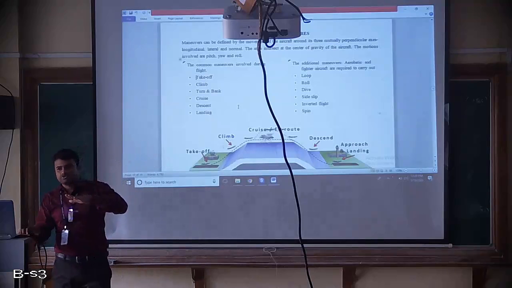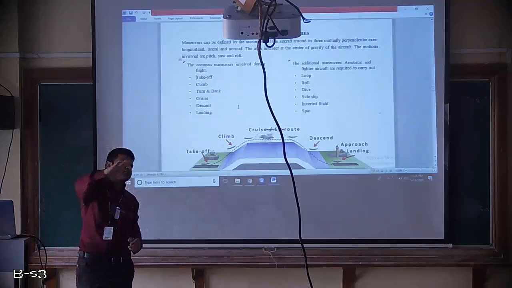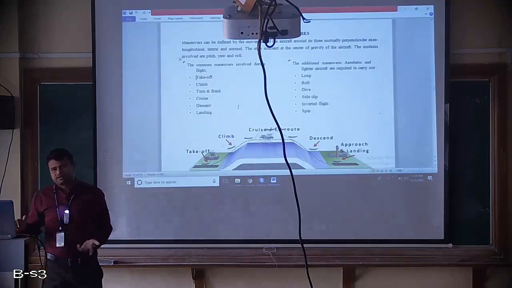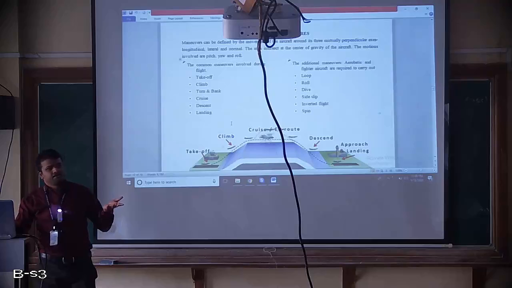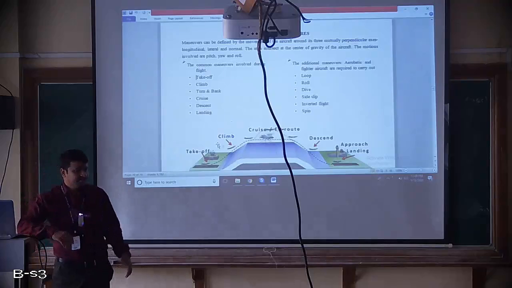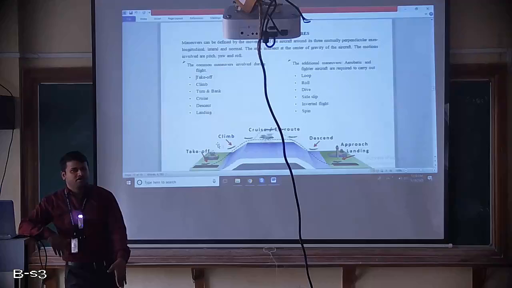At that time he has to turn and bank. He has to turn his aircraft and move. So that is also one kind of maneuver. Cruise is another kind of maneuver when it is moving in air, and you know the meaning of cruise. Descent is nothing but coming down to the ground or landing.